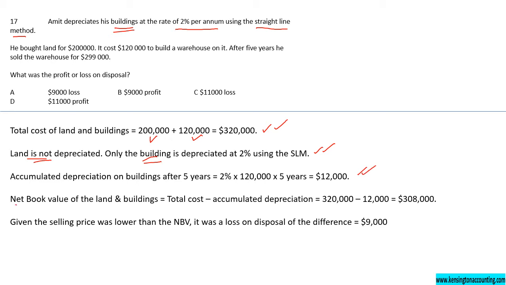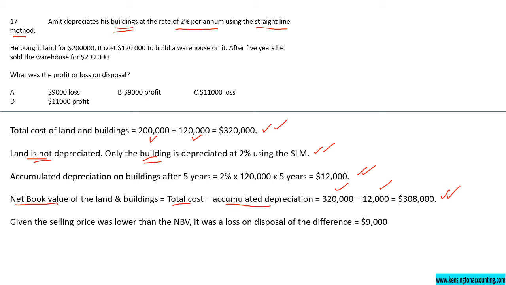Therefore, the net book value of the land and buildings is cost minus accumulated depreciation. Total cost is 320,000. Accumulated depreciation for 5 years is 12,000. Therefore, the net book value is 308,000. The warehouse was sold for 299,000. Therefore, it was sold for less than the net book value.